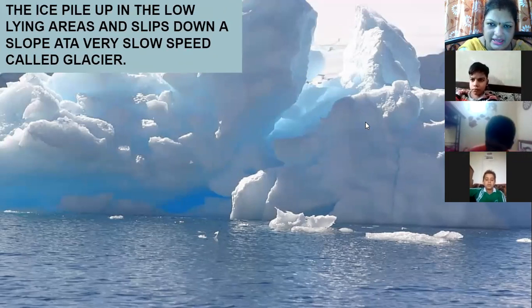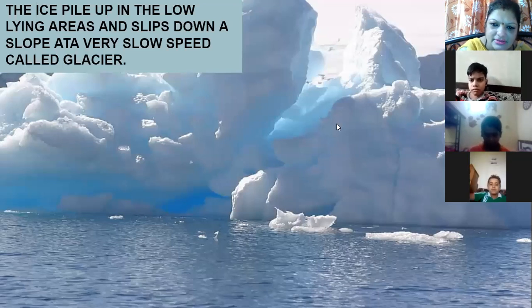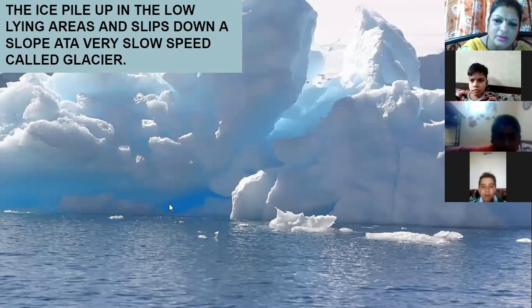That ice forms layers and slips down at a very slow speed. So this is a glacier, a form of ice formed because of the layers of ice. And then it slips down slowly in the water, and you can see a glacier.